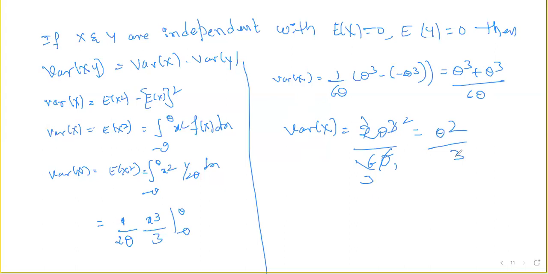Right? Similarly, we need to find variance of Y also. So variance of Y is equal to expected value of Y square minus expected value of Y whole square. So variance of Y equals expected value of Y square only, because this term is 0.